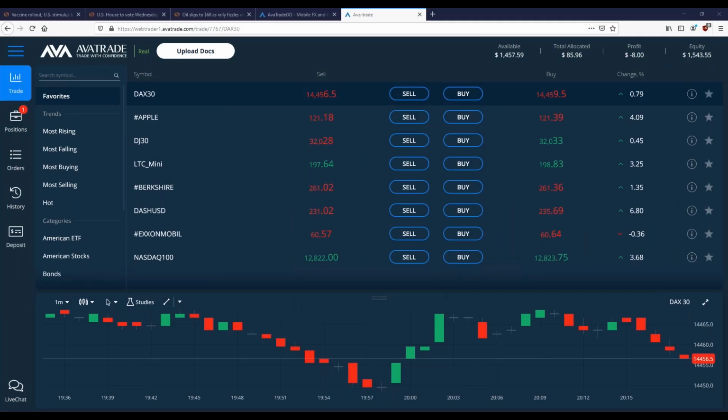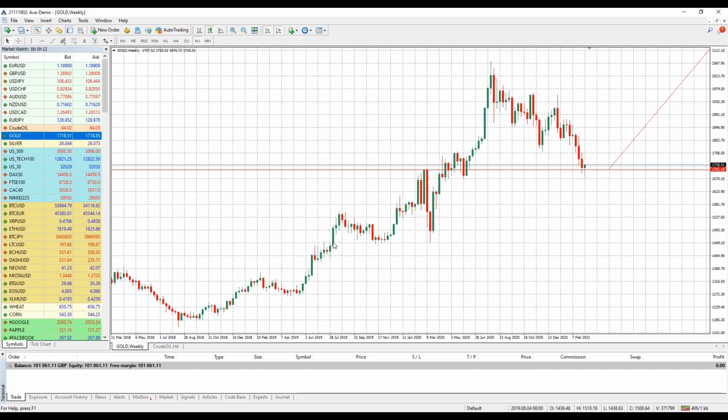Okay, we're getting there. One moment. Okay, looks like the screen is back up, and now we've got the proper MT4 account showing.